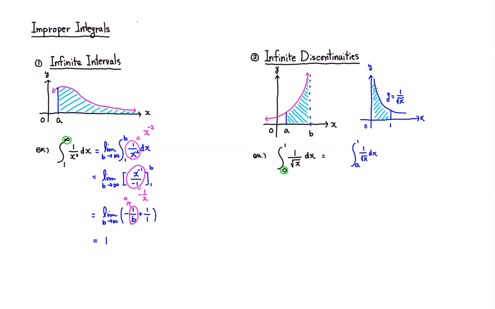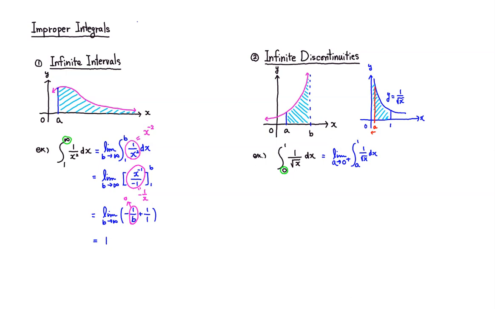So here is our slightly positive a value right here. Right? So what we can do is send a toward 0 from the right. So I'm going to take a one-sided limit. So you have the limit as a approaches 0 from the right. All right, so that's how we take care of the troublemaker here.